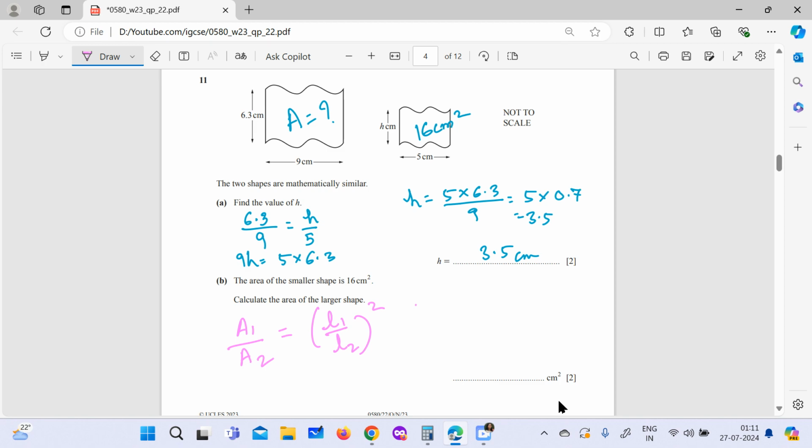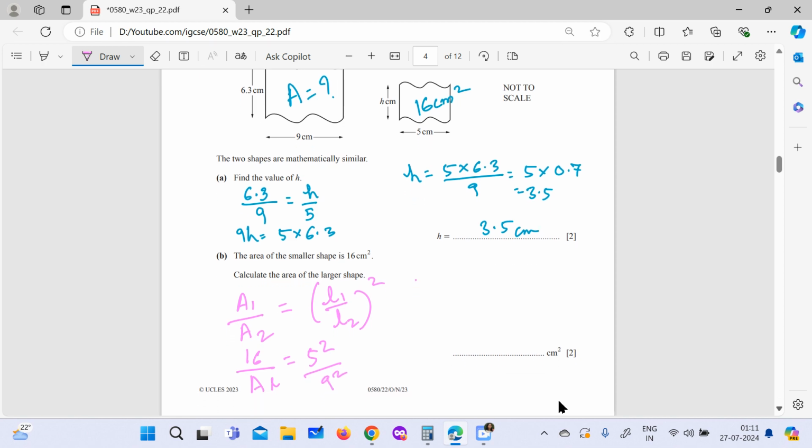So write the area of the smaller one first, which will be 16, and we have to find the area of the larger. For the lengths, I will take 5 squared and the corresponding length, that is 9, squared.